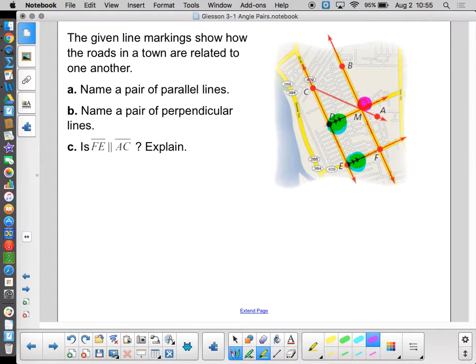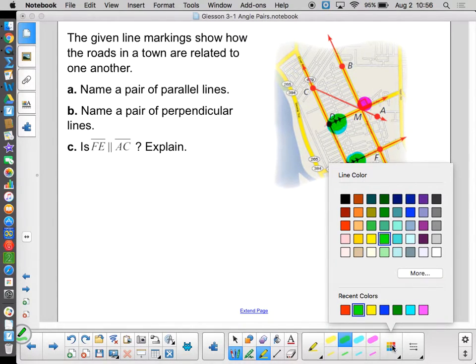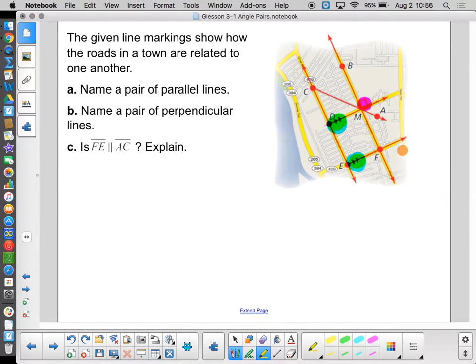And it asks, is FE parallel to AC? FE and AC, are they parallel lines? Well, when I look at that, it's a little bit interesting. Let's go with an orange highlighter. That might be interesting. All right.